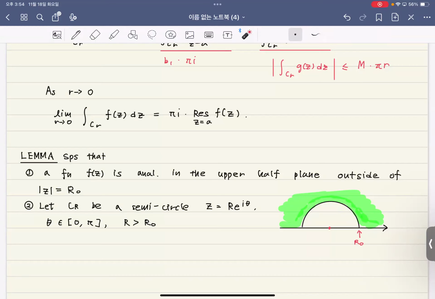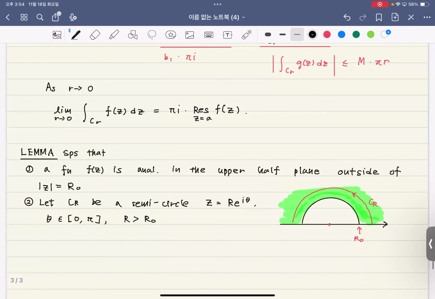This semicircle C_R is a circle that is contained in this green region, and the radius of this semicircle is slightly bigger than this number R_0.